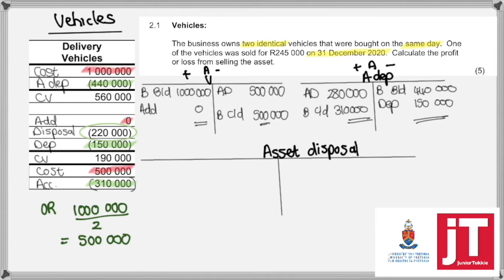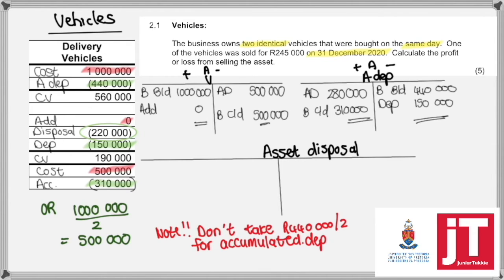So asset disposal is debited with 500,000. Step number 2, update your depreciation. Step number 3, take out the total accumulated depreciation. So on the credit side, I'm going to have 280,000.